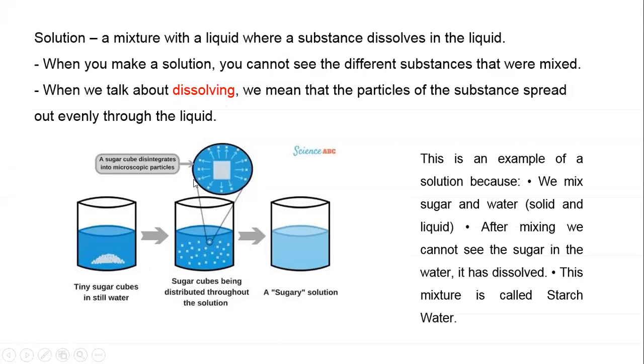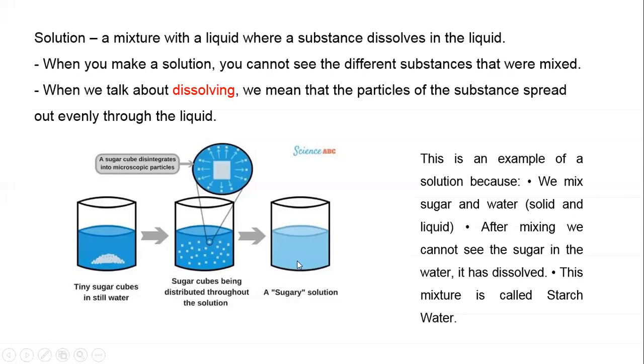I put a picture here at the top, and this shows you how the microscopic sugar granules were distributed around the beaker. As we continue stirring, the sugar dissolves and it becomes a sugary solution.